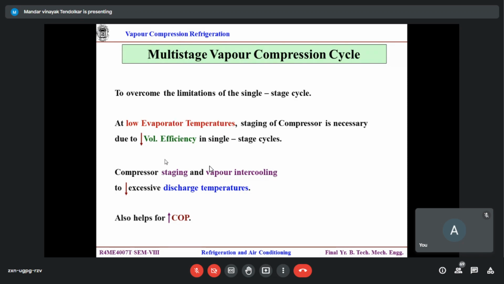The second and major aspect is the compressor staging. The moment you deviate from the ideal compression process, the one with minimum work. What type of compression process offers minimum work? Adiabatic, right?